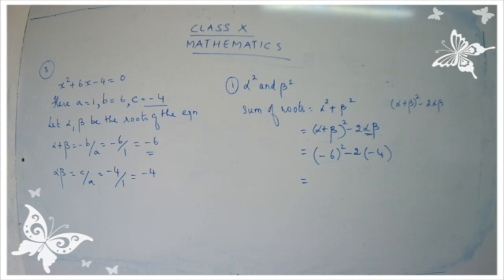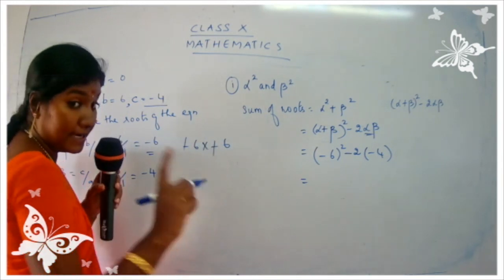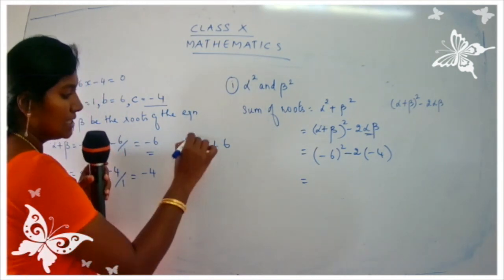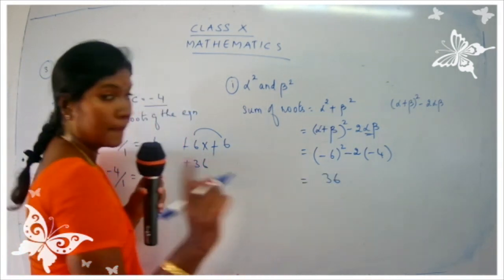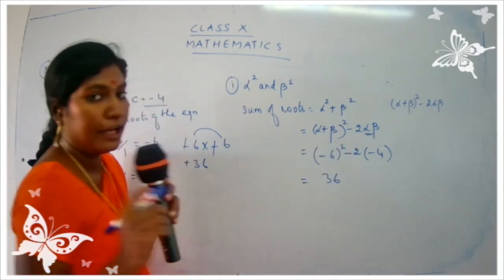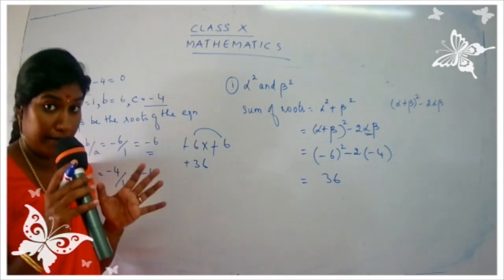What is the answer for minus into minus, children? Minus minus plus. So what do you get here? Minus 6 into minus 6. Minus minus turns to be plus. 6 6 are 36. I get here 36. Be careful. Here when you are multiplying, you are not worried about the sign of the bigger number.